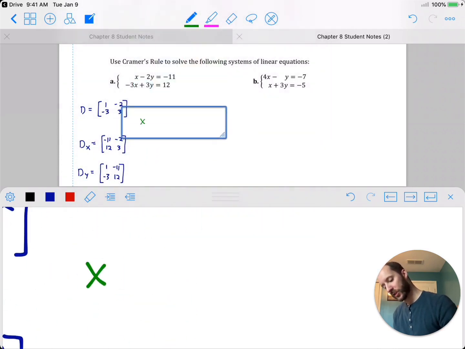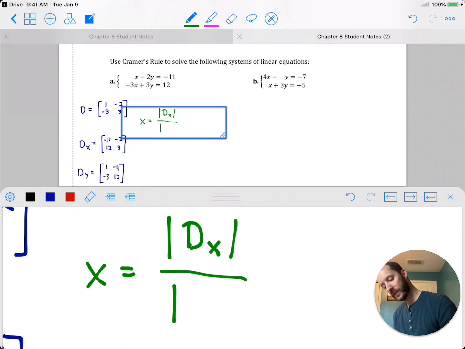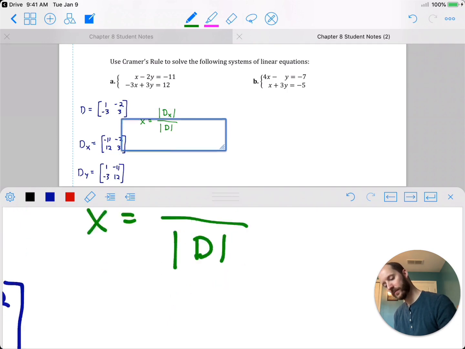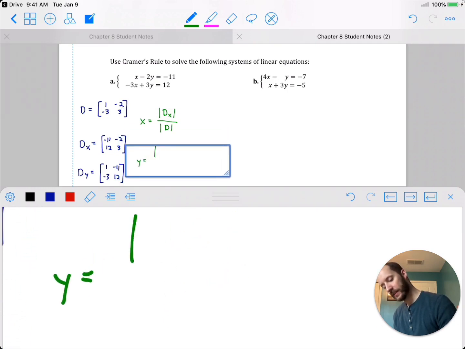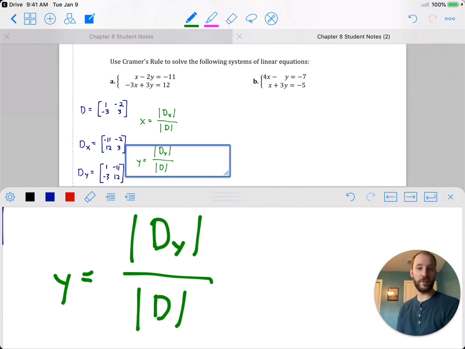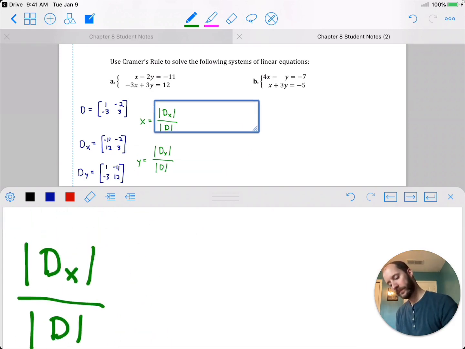So now to solve for x, we want the determinant of D sub x over the determinant of D. To solve for y, the determinant of D sub y over the determinant of D. These are all 2 by 2 matrices, pretty simple to figure out.